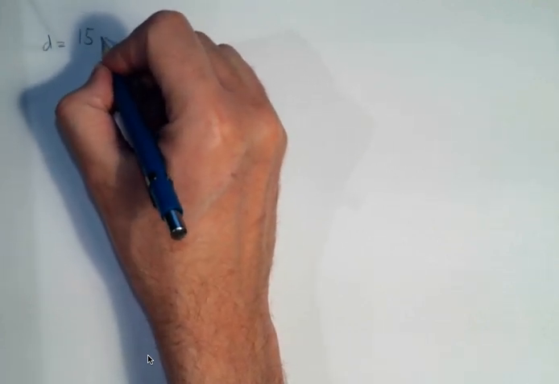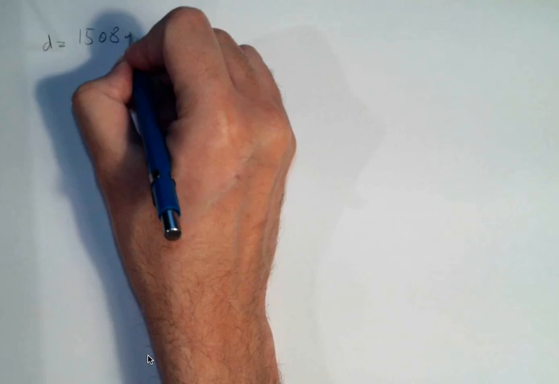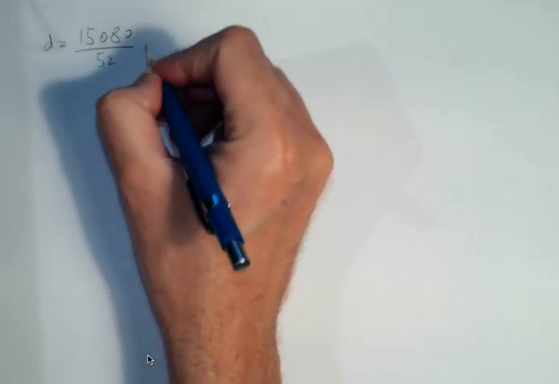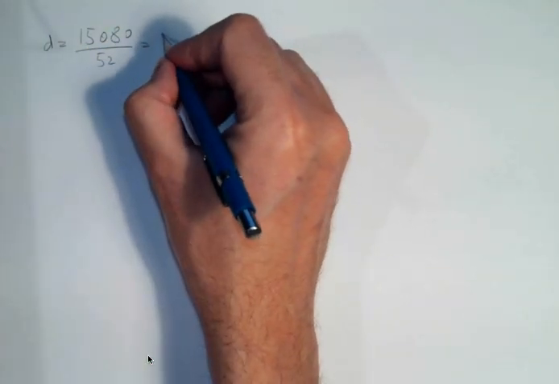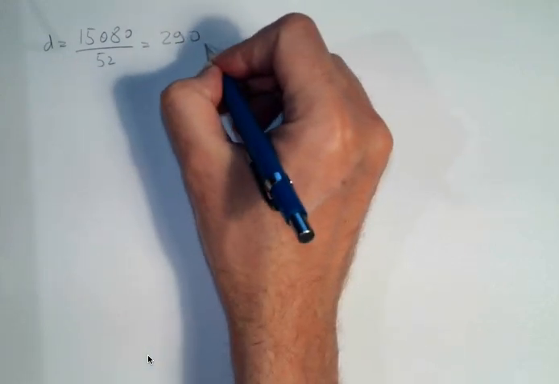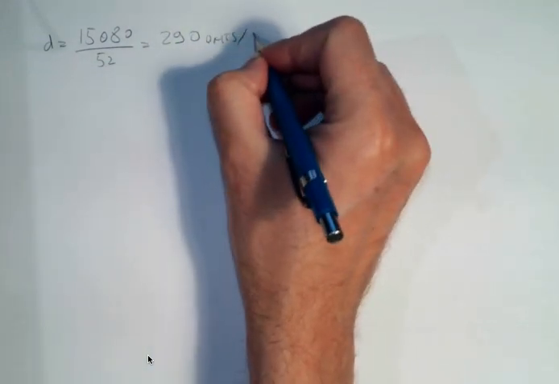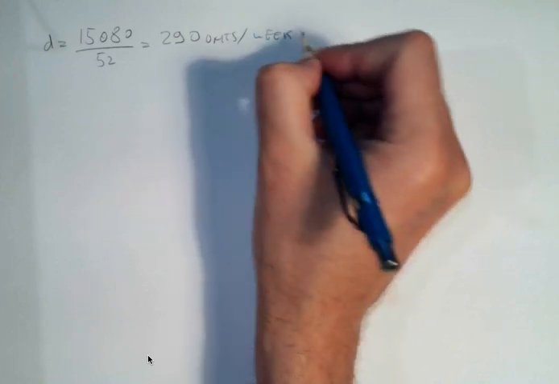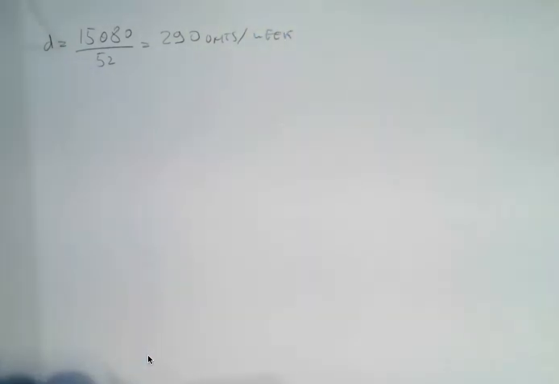The year demand, which we also used in the same problem before, which is 15,080, divided by 52 weeks. So it's going to be 290 units per week. Okay, so that is our weekly demand.